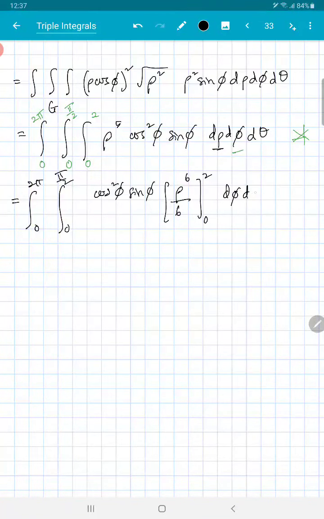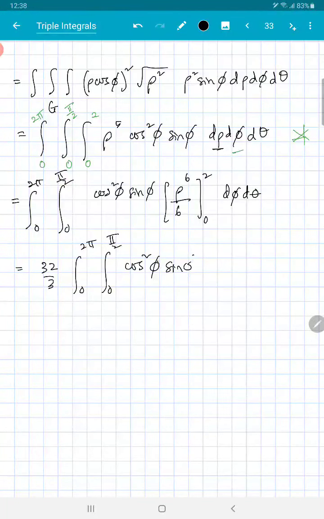We still have d phi d theta. 2 to the power of 6 is 64. 64 divided by 6 will give us 32 over 3. Then we have 0 to 2 pi, 0 to pi over 2, cos squared phi sine phi d phi d theta.